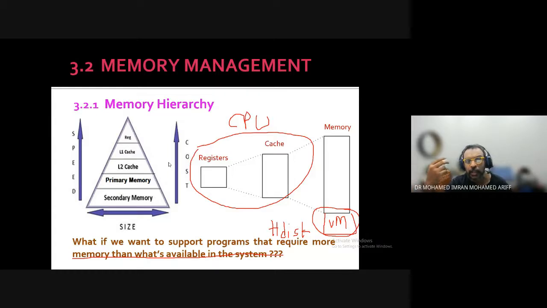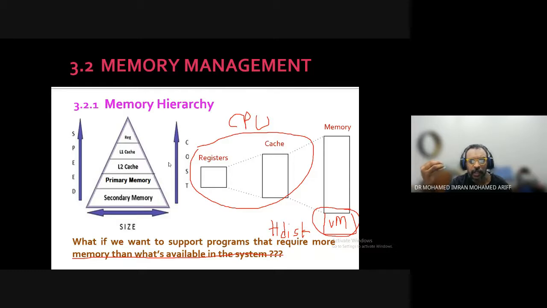So why do we need to do this? Sometimes there is a need to keep more than what is available inside the RAM. So that is why the computer system allows some parts of the secondary memory to become as if they are primary memory, and this is called virtual memory.